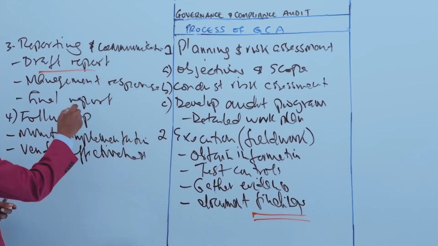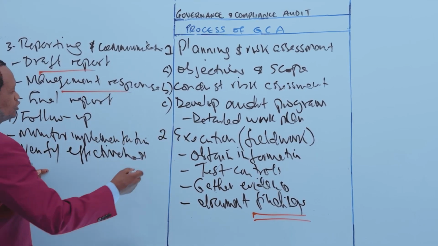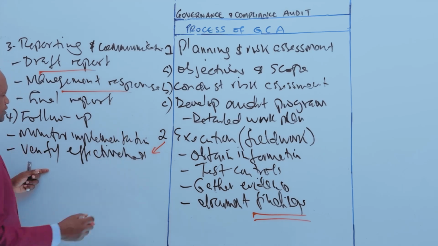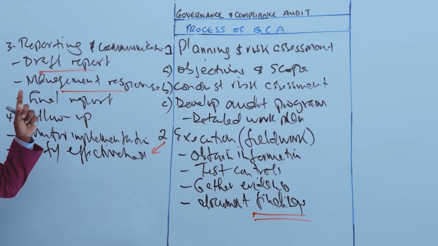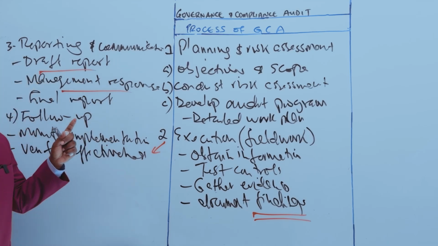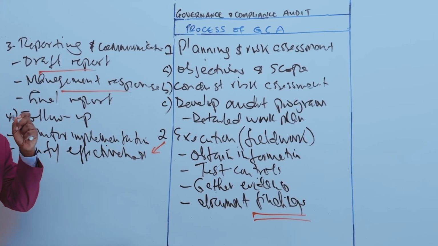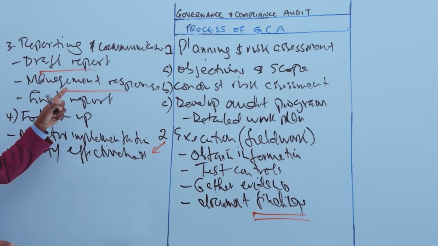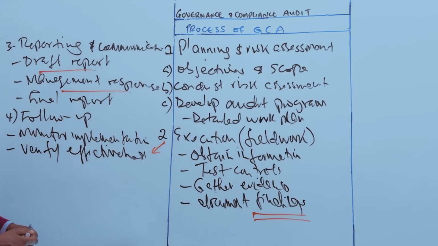The management promises to fix the problems. So after fixing the problems, the auditor should verify that the root cause of the problem has been resolved by retesting the new controls that have been put in place by the management based on the management response. Do you understand?